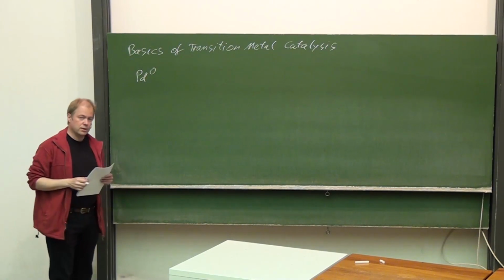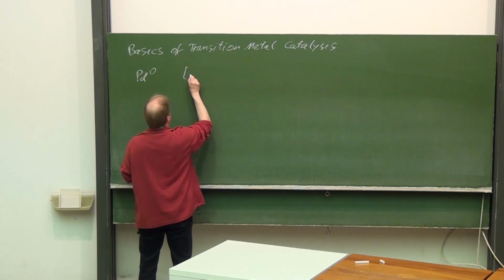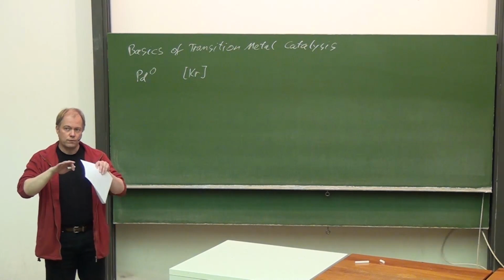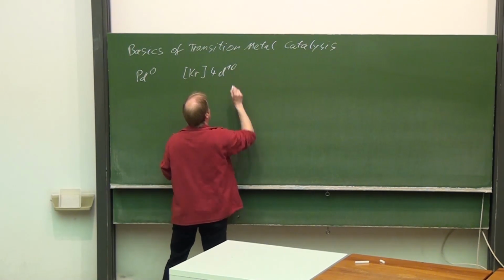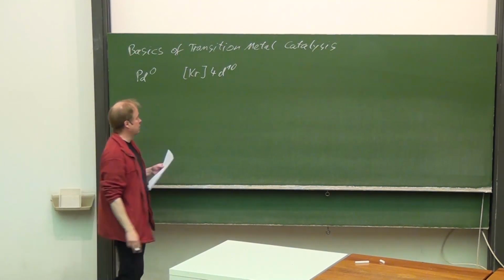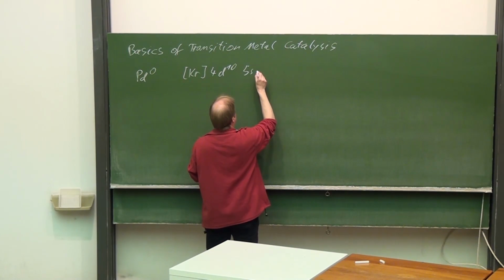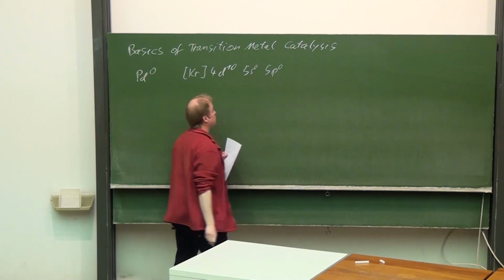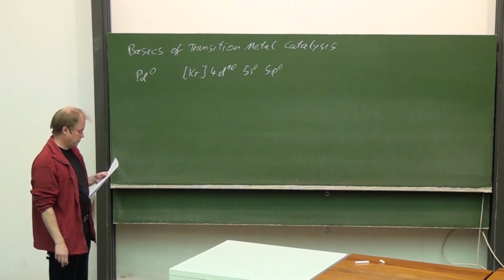Palladium is element number 46, and as electron configuration, we have the electron configuration of krypton and additionally fully occupied 4d orbitals, an empty 5s orbital, and the 3 5p orbitals also empty.